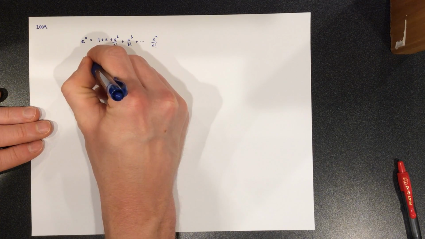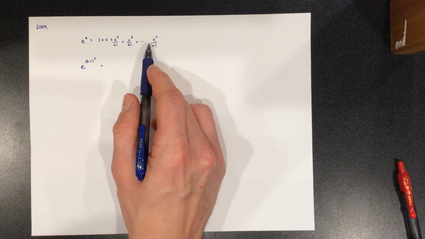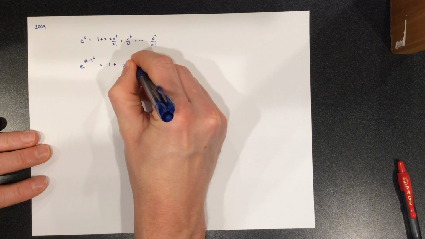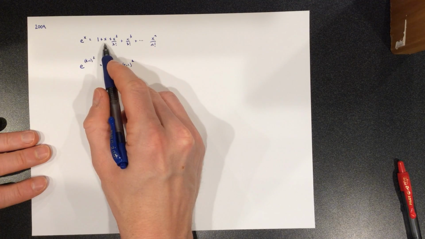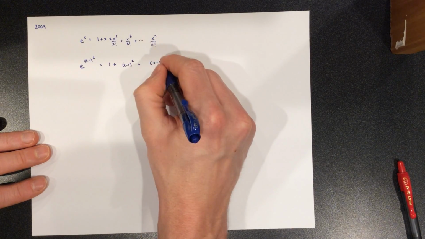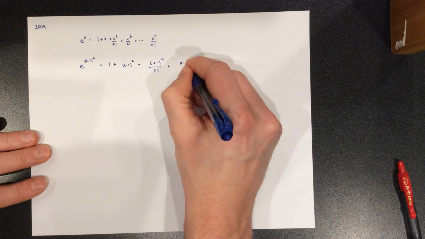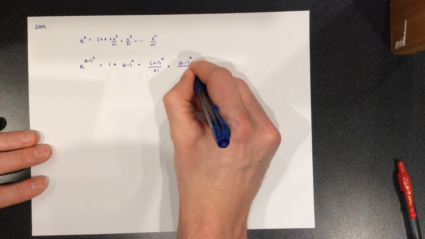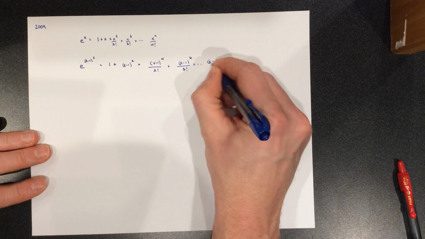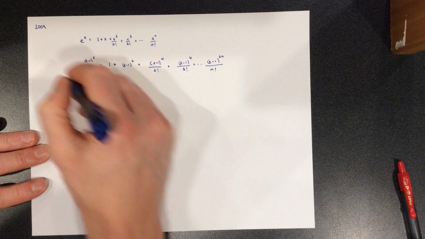It's kind of a weird one, but you're just going to put x minus 1 squared in for all these x's. So 1 plus x minus 1 squared in for x, plus x minus 1 squared squared, so that's to the fourth, over 2 factorial, plus x minus 1 squared cubed, which is to the sixth, over 3 factorial, plus dot dot dot, x minus 1 squared to the n, so x minus 1 to the 2n, over n factorial.